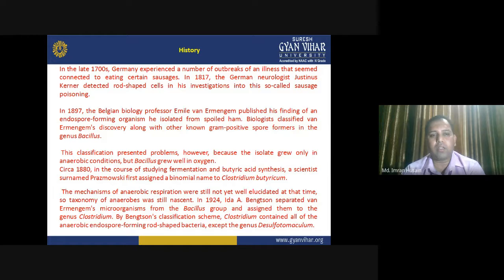Circa 1880, in the course of studying fermentation to butyric acid synthesis, a scientist surnamed Prazmowski first assigned a binomial name to Clostridium butyricum. The mechanism of anaerobic respiration was still not well elucidated at that time.